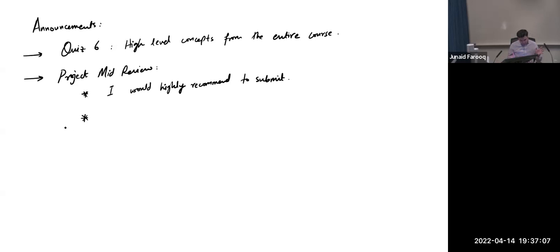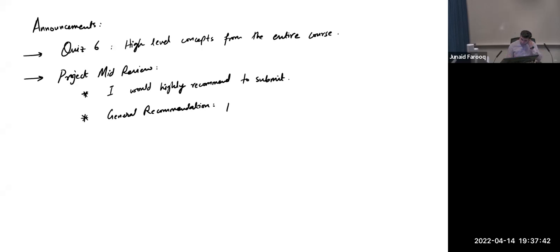So generally, I would recommend everybody to make sure that the project reports have clarity in the system model, right? If you're considering a system, let's say you're considering a cruise control, you're assuming some sort of a controller or some sort of a system. What I expect is at least the system dynamics are clear.